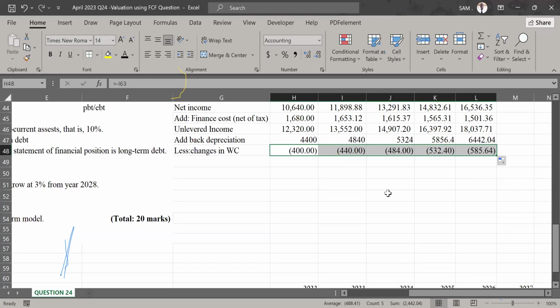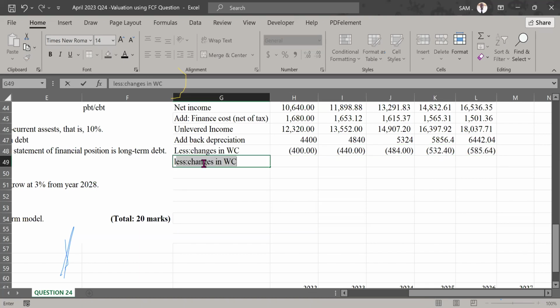Good. After that, we go to the next section of investing activities and look at changes in capital expenditure. We will also deduct them here. Less changes in capital expenditure. Less changes in CapEx, capital expenditure.